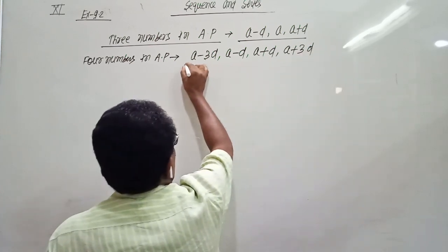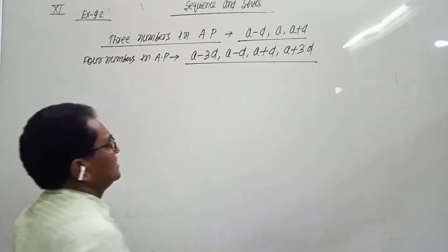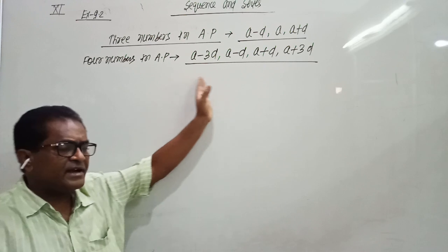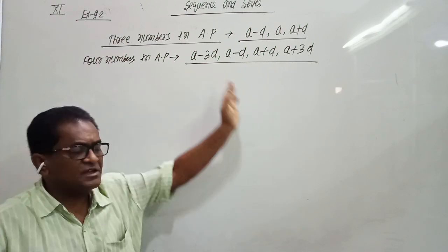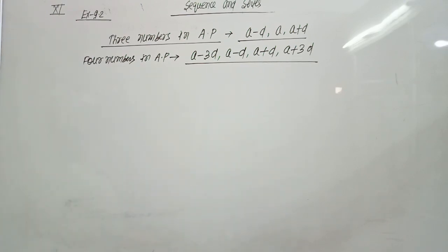If we have to choose four numbers in AP, then for easy calculation, we take the four numbers a minus 3d, a minus d, a plus d and a plus 3d in AP.